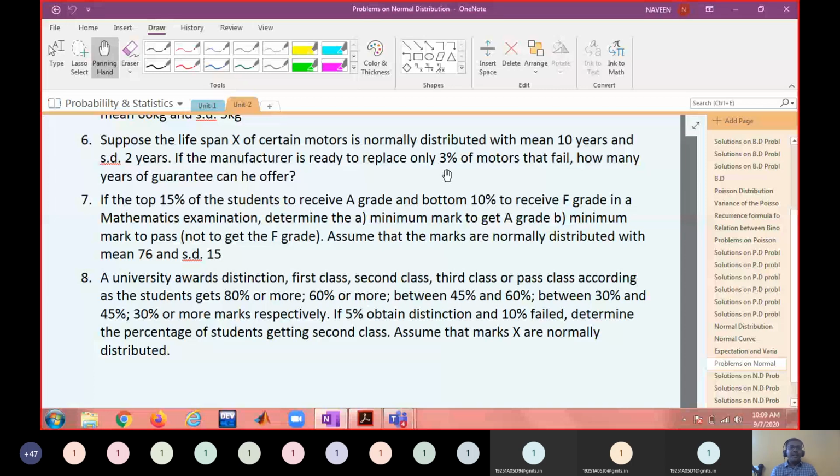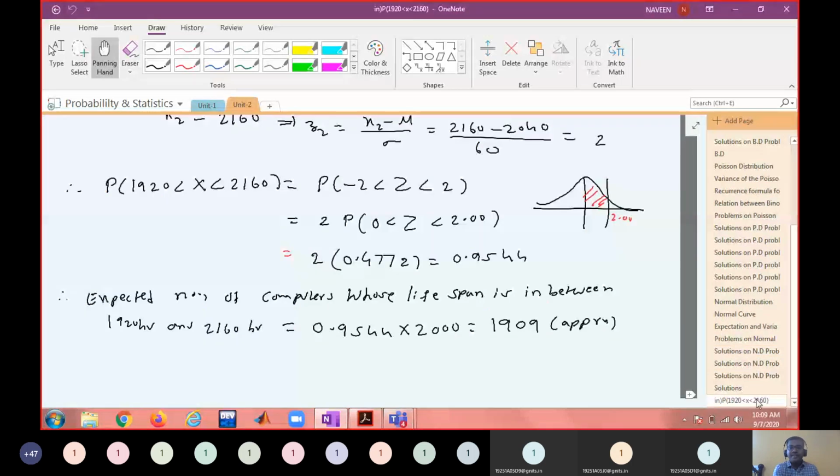So then how many years can he offer as the warranty period? That is what we want to find out. Did you understand? Shall I proceed? Yes, sir. Okay, so tell me the definition of the random variable.